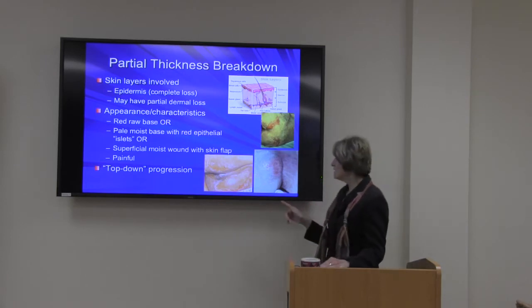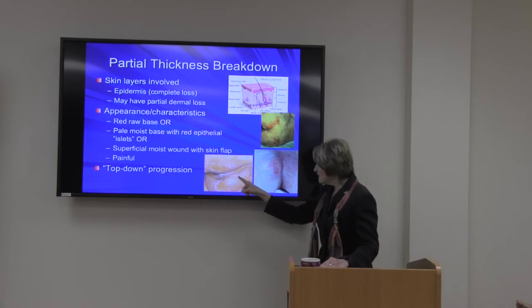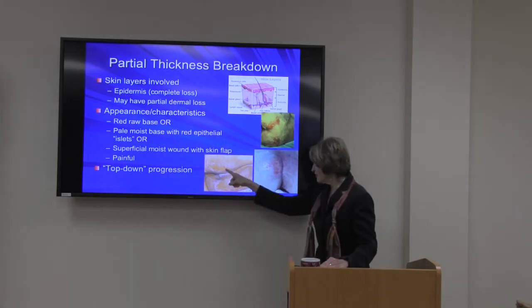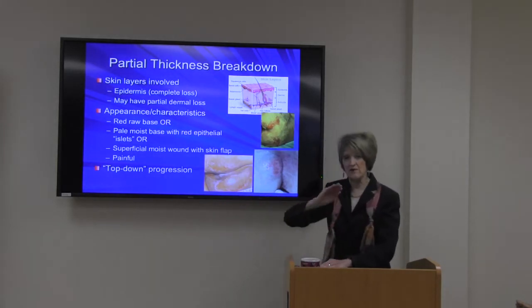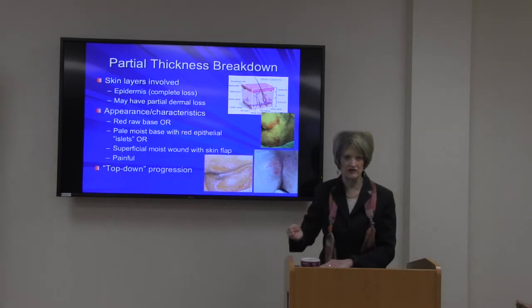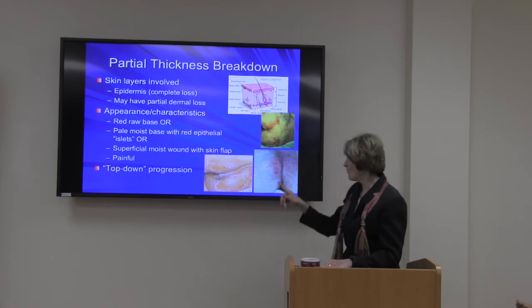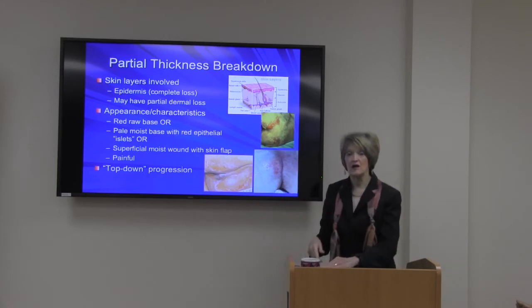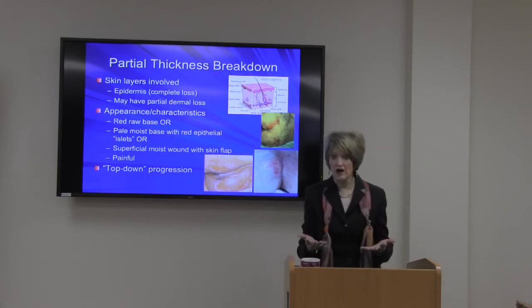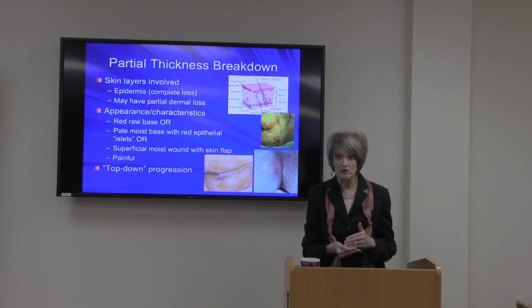Now sometimes your hair follicles will be clustered so closely together that you end up with a bumpy salmon-colored surface. But if you look at all of these, they're all very superficial. They're all either bright red, white with pink epithelial islets, or salmon-colored.